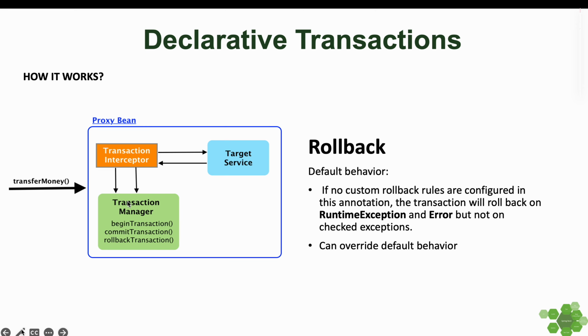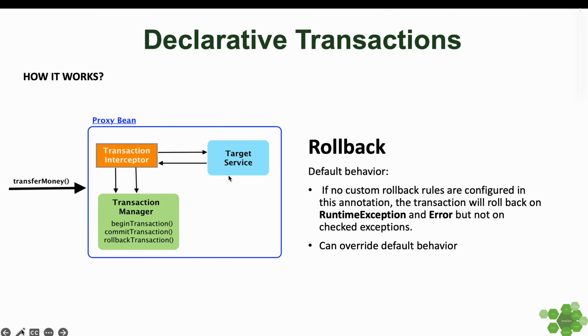Then the transaction manager will determine what to do. Okay, I need to begin a transaction. It will begin a transaction. Then, after it has begun a transaction, the call will go to a target method, or you can say target service if you want.